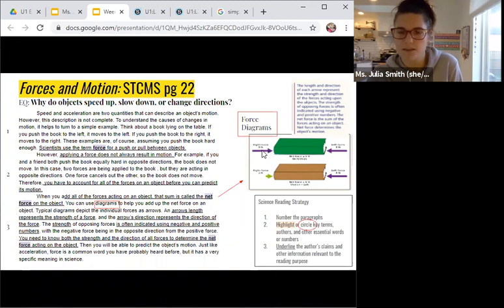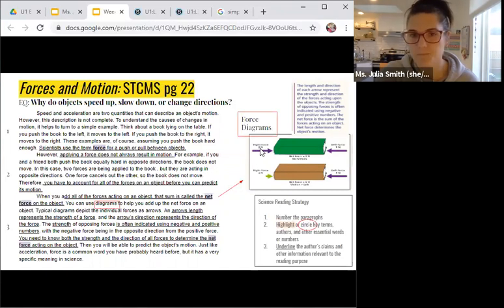So you can see here that this arrow is longer than this arrow, so it's a stronger force. And the direction of the arrow indicates its direction. These two forces are acting against each other, they're pushing against each other. We use newtons as our unit of measurement for force. You can also use pounds, but we'll be using newtons.